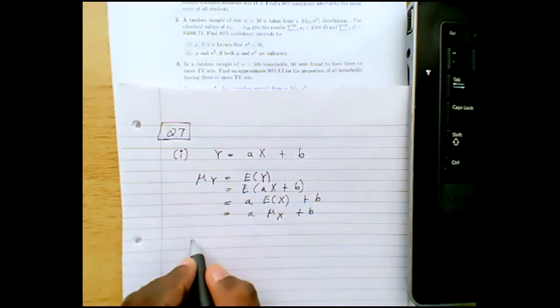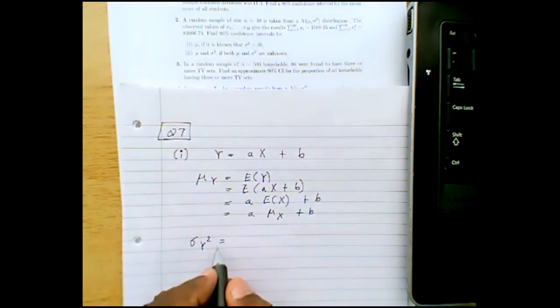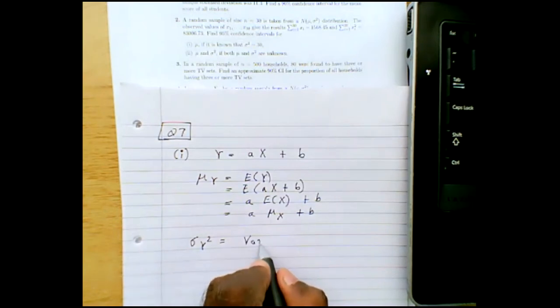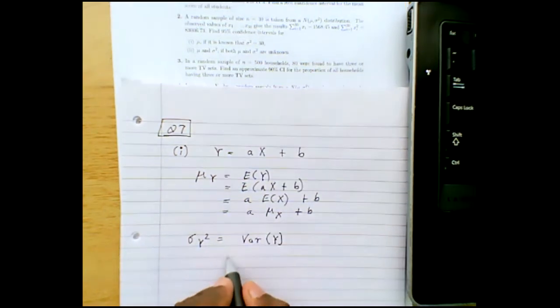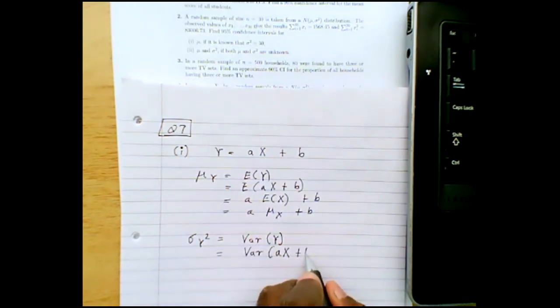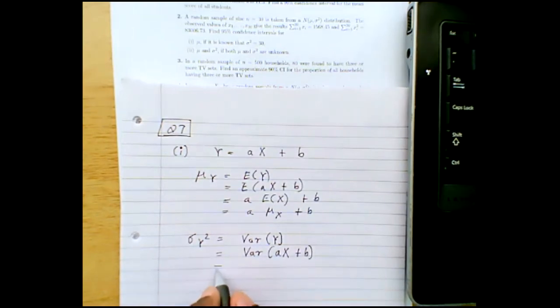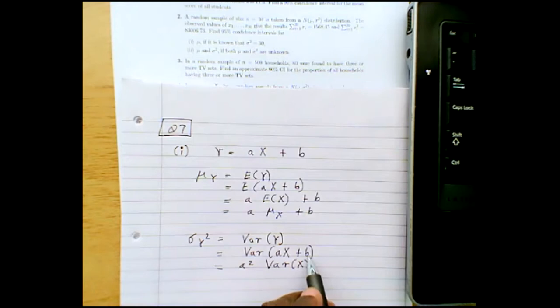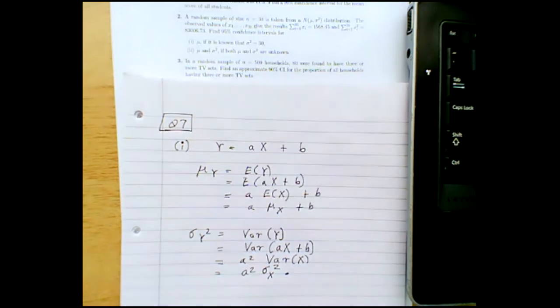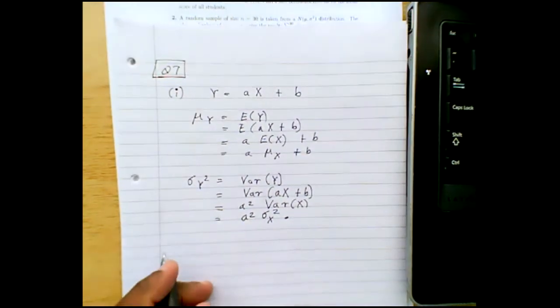And the population variance of the variable y is this. If you take the variance inside, you get a squared times the variance of x. Now b does not change the variance. I'm sure you know this from probability 1. So this is a squared times the variance of x, which is denoted by sigma x squared. So this completes part 1 of question 7.